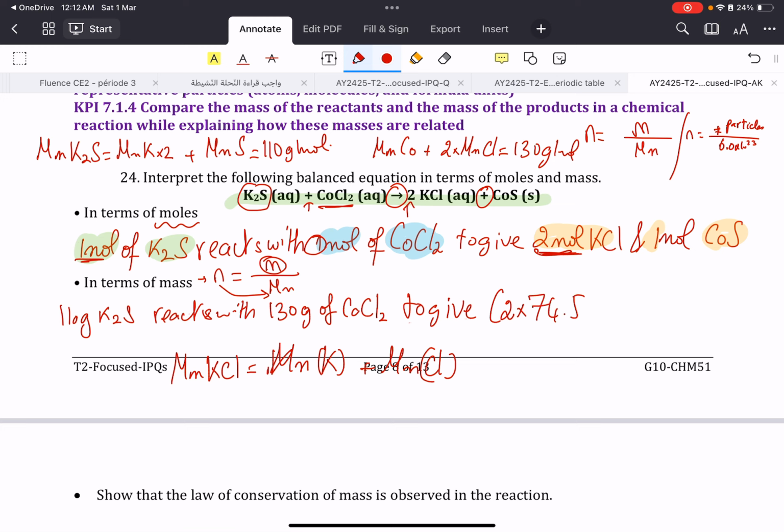So we're going to multiply this 74.5 by 2 and write the answer, and 1 mole of COS, again 1 times the molar mass of COS, which is 91 grams of COS.